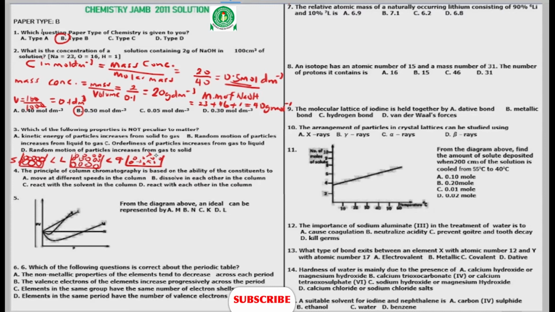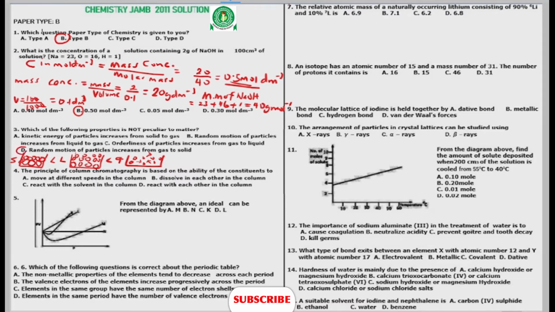That is one of the postulates of the kinetic theory of gases. So gases have the tendency to move in constant random motion more than any other state of matter. That is why D is not correct, because they said the gas has the least random motion of particles.